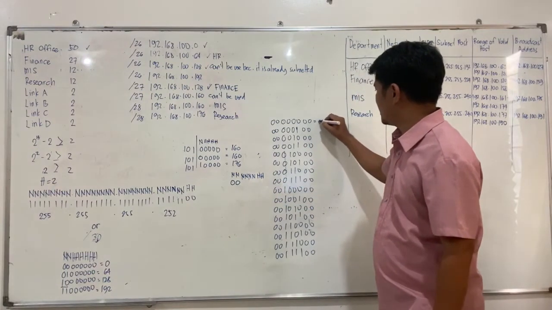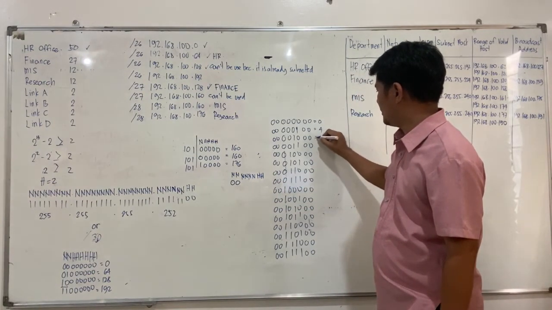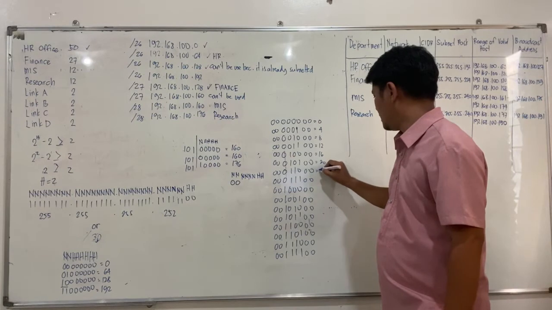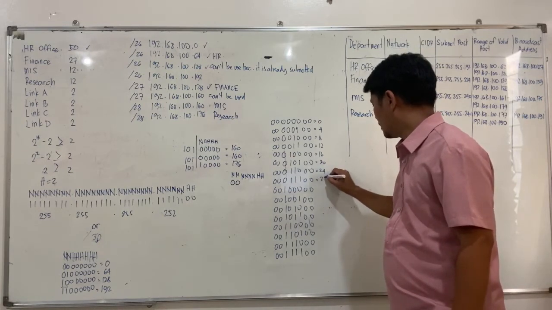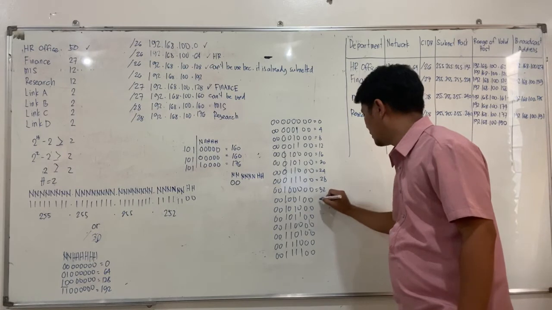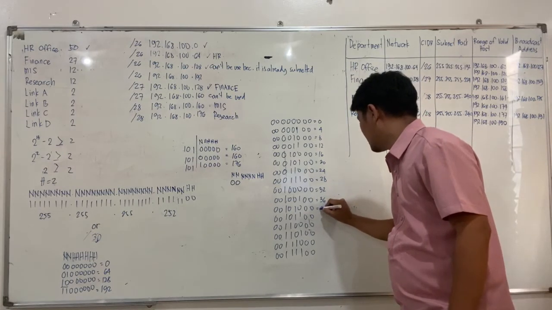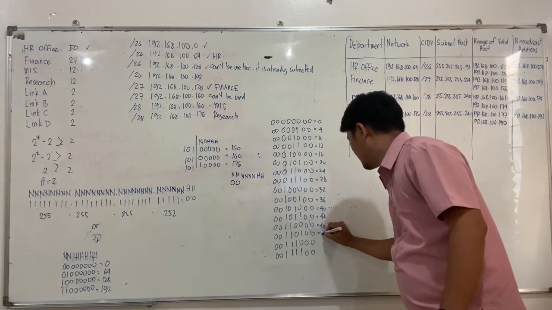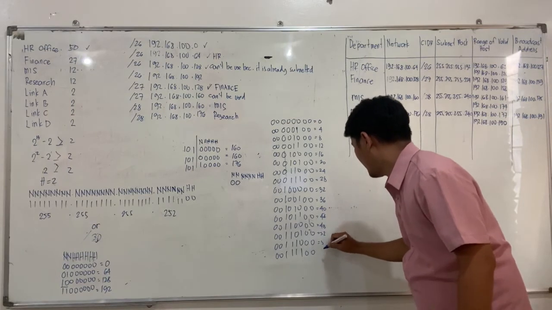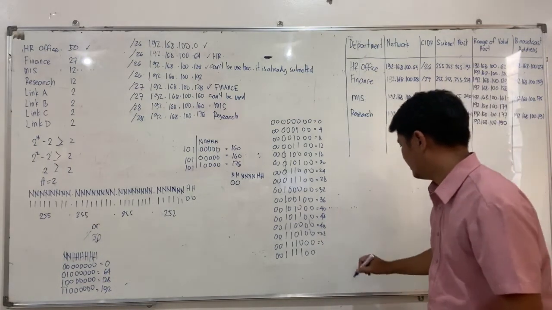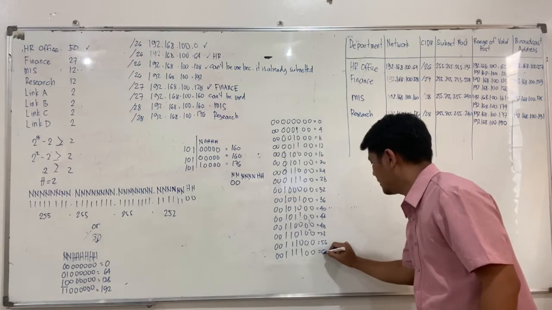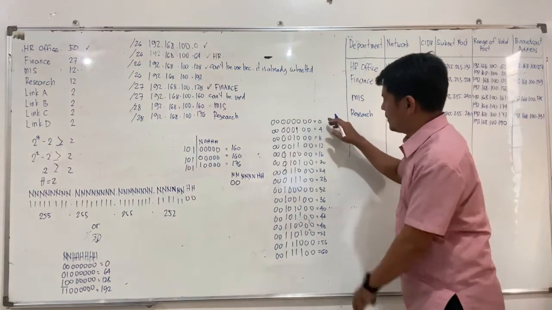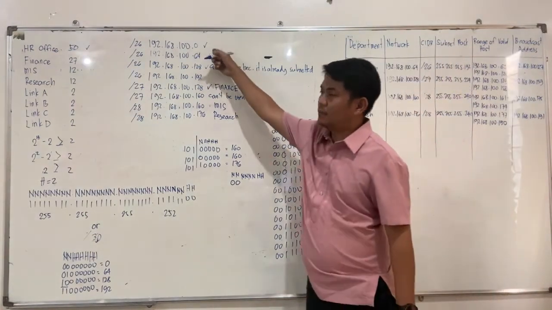So this is 0, 4, 8, 12, 16, 20, 24, 28, 32, 36, 40, 44, 48, 52, 56, and 60. Okay, so these are the numbers being produced from here.